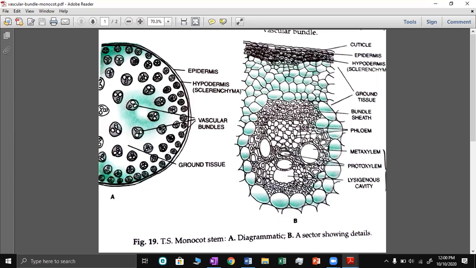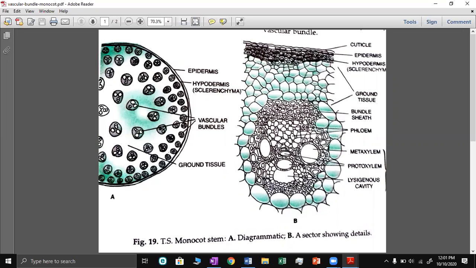You can see here, this is the xylem portion. Can you see what is written as metaxylem? And these are the protoxylem. This is metaxylem.